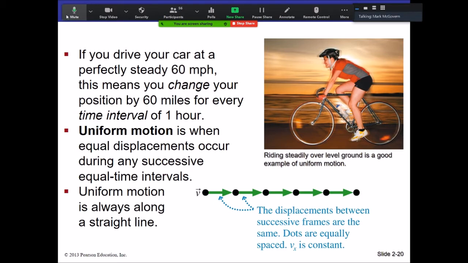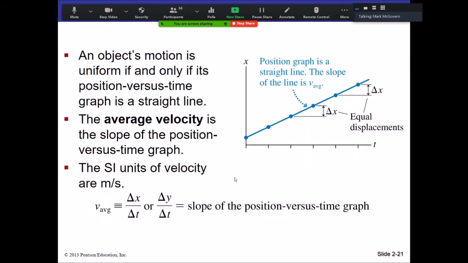Is that truly uniform motion when there's little hiccups when you pedal and things like that? We make the assumption that it is basically uniform. We don't care about the little hiccups that happen when you go over rocks or even if you have to slow down a little bit to get out of the way of an obstacle or something like that. Those details may not be very important.